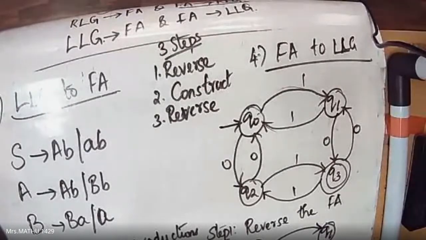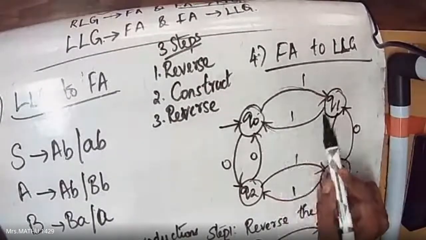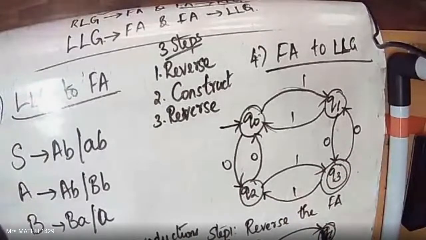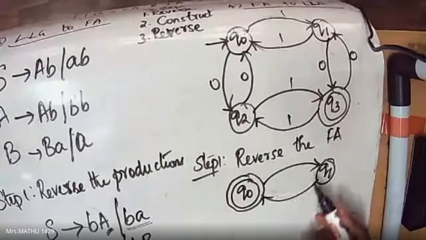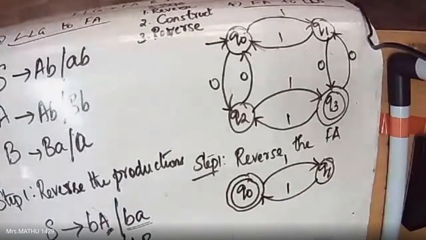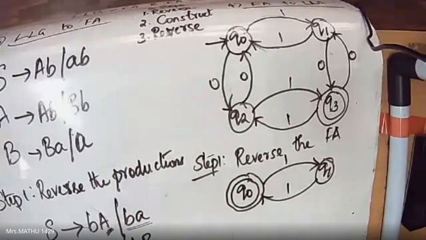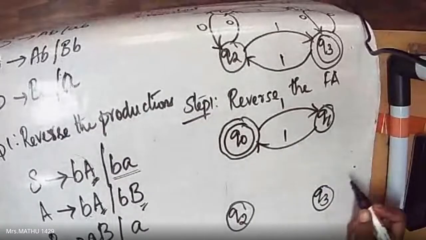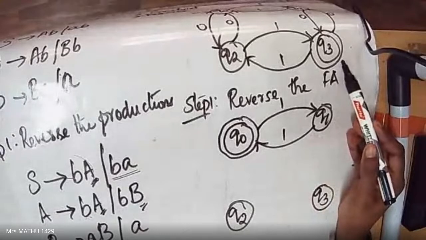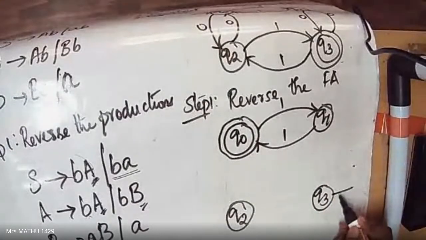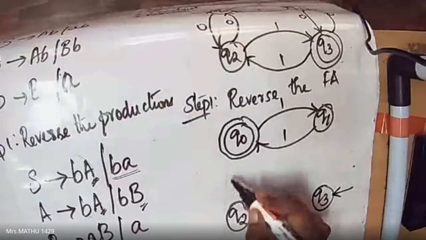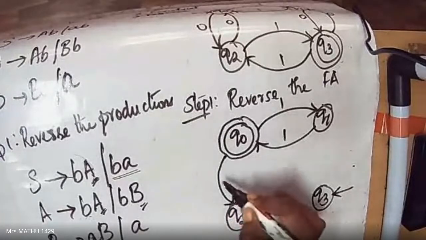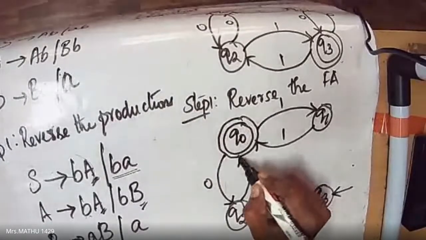Again the same thing, because this edge will now be reversed to this one, and this edge will be reversed to this one. Now what is Q3? Since Q3 was the final state in the previous automaton, now Q3 is the initial state. All the other edges are going to remain the same.